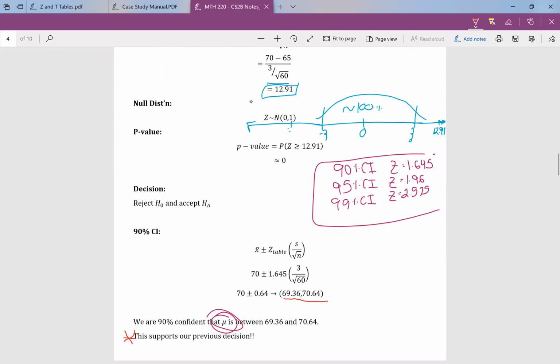Okay. That confidence interval is completely above the number 65. All right. So anytime, just a reminder, when you do a confidence interval along with a hypothesis test, your confidence interval should always support the decision that you made.